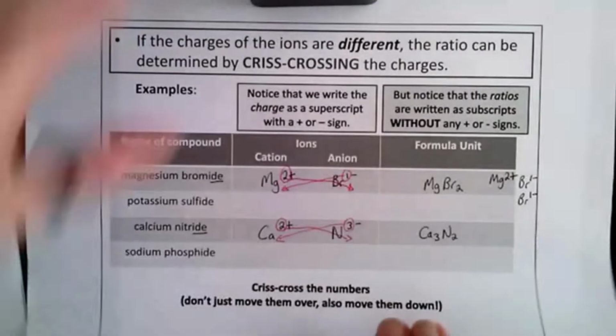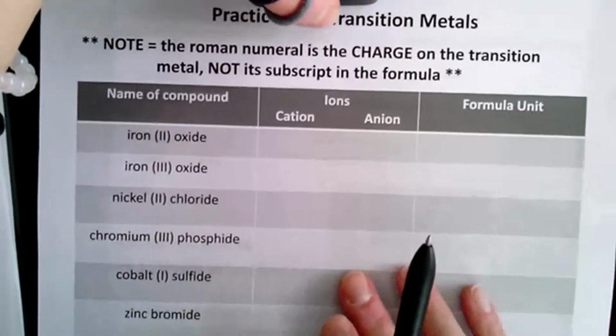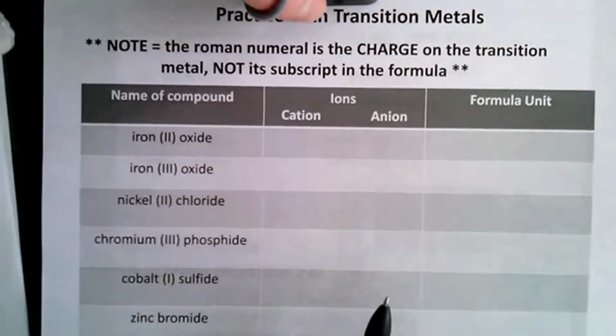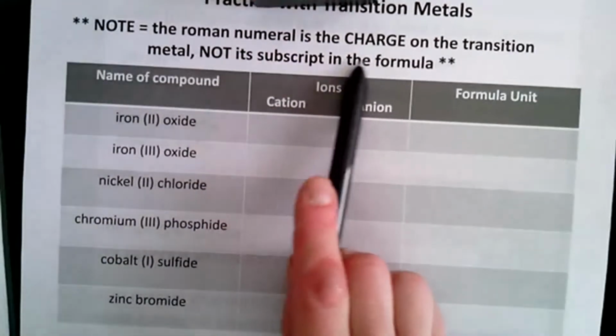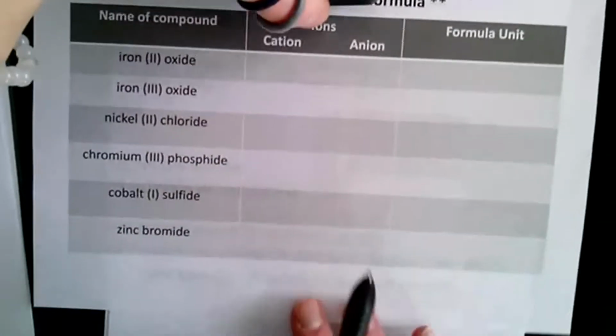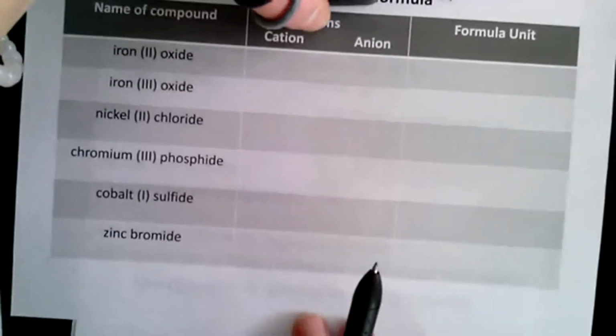Okay, so if we look at some of these examples, we actually did the first 2 together, so I'm going to skip down to some of these on the bottom. Just a reminder, the Roman numeral is the charge of the transition metal. It's not how many of that metal you have.